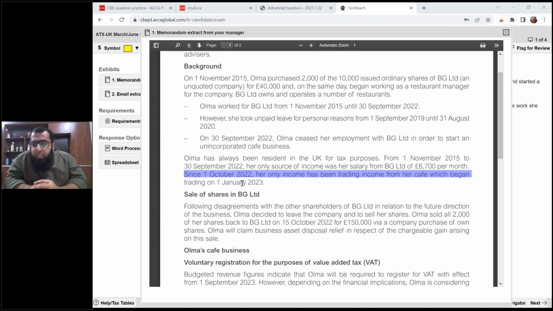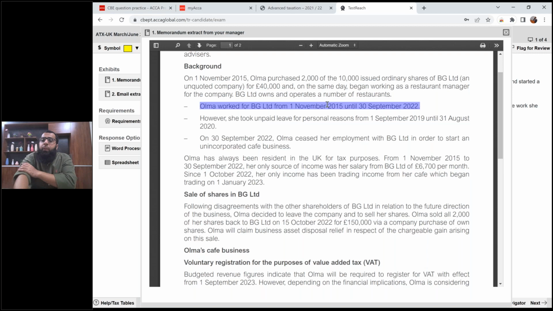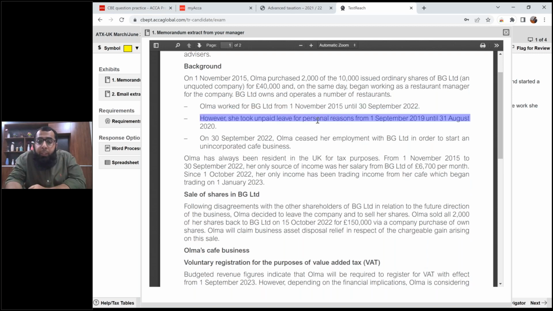So some basic information is given that Alma has been working with BG Limited from 1st November 15 to 30th September 22. There was some unpaid leave during this employment period. Then she ceased her employment in September 22, and it has been her only source of income.